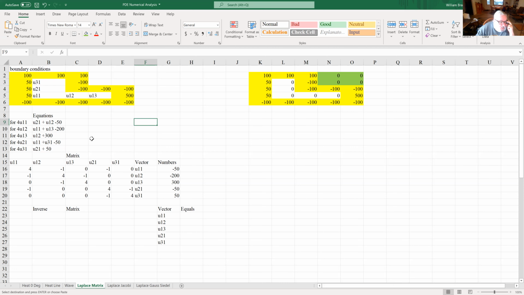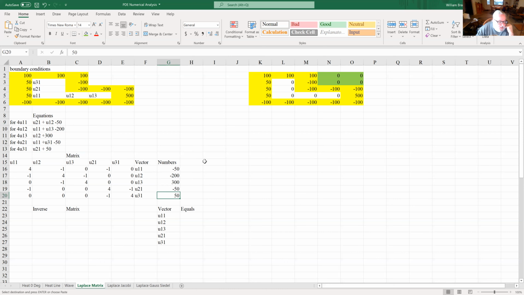So we can turn these into equations, right? This equation is 4 times U11 minus 1 U21 minus a U12, and we move the 50 over to the other side, so that'd be equal to minus 50. So all these numbers that come from the boundary conditions show up here.